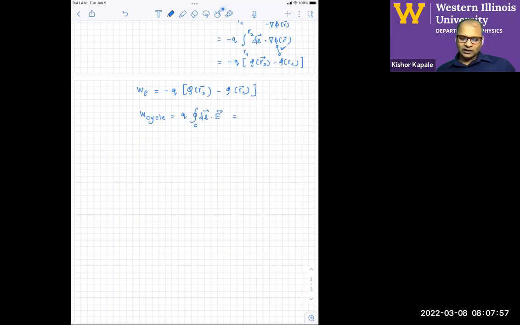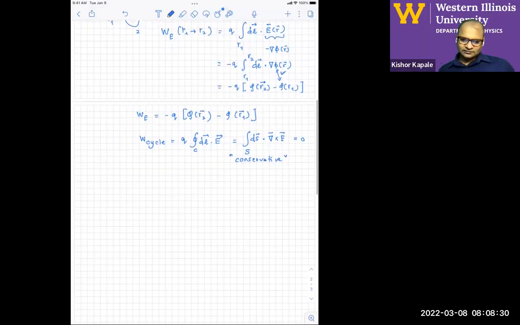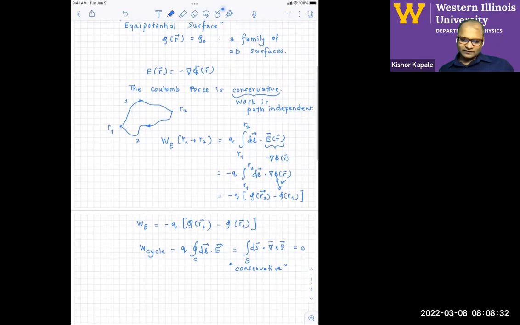Because you can then look at the flux of the curl on the surface that is bounded by this contour, and that is going to give you 0 because curl of E is 0, right? So this is the conservative nature. Any other example which leads to a conservative force field? I mean, anybody remembers something else that's conservative?